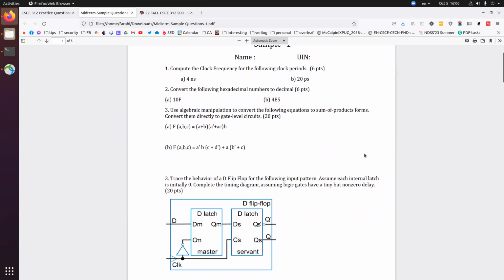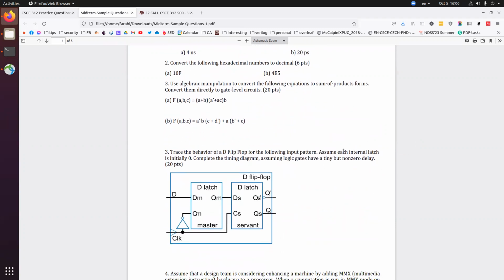Okay. Next part, we have to do algebraic manipulation to convert the following equation to sum of products. There are different things that we have to do. First of all, to convert to sum of products form, you need to have all the literals. So what are the literals?